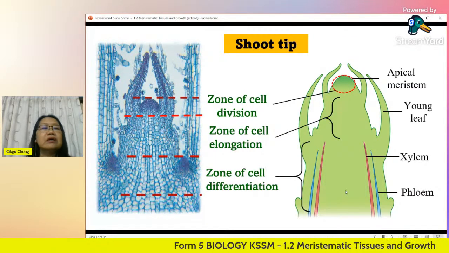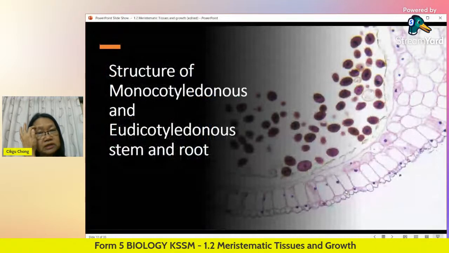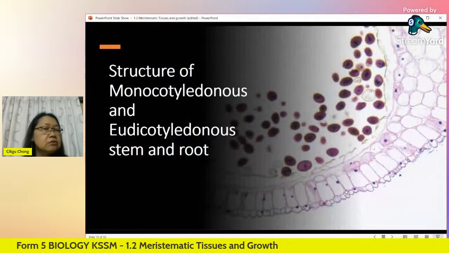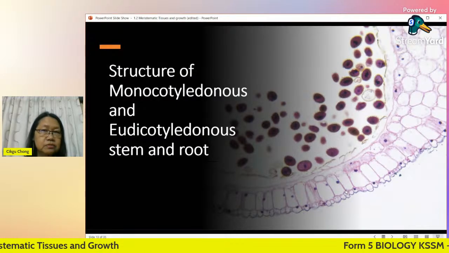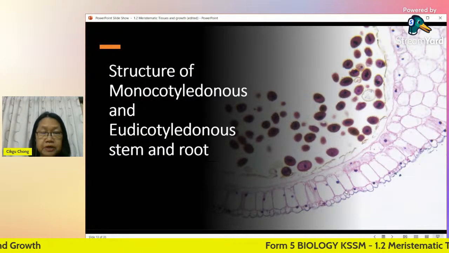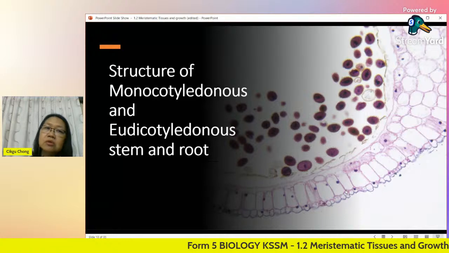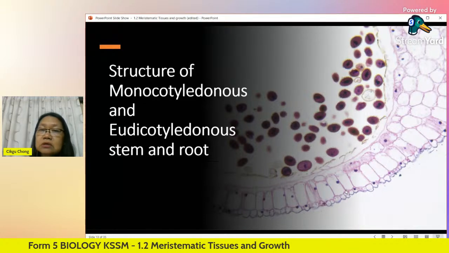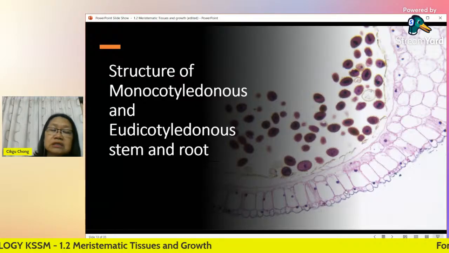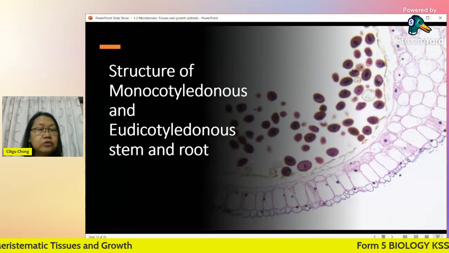Now, another important skill is you must know how to recognize the drawing that's given to you or the drawing in the question paper. Are you looking at a monocot stem or a monocot root, or are you looking at a eudicot stem or eudicot root? You need to know.